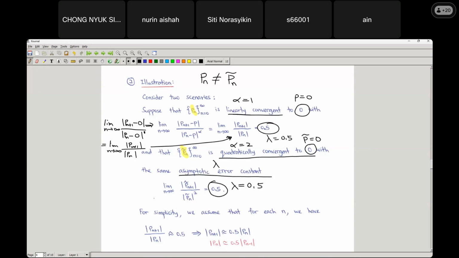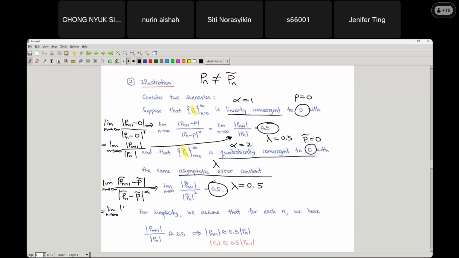Okay, so you do the same thing. How do we get this? We know that this comes from the limit as n approaches infinity of the formula: the absolute value of Pn plus 1 tilde minus P tilde, divided by the absolute value of Pn tilde minus P tilde, to the power of alpha. Next, we substitute P tilde.